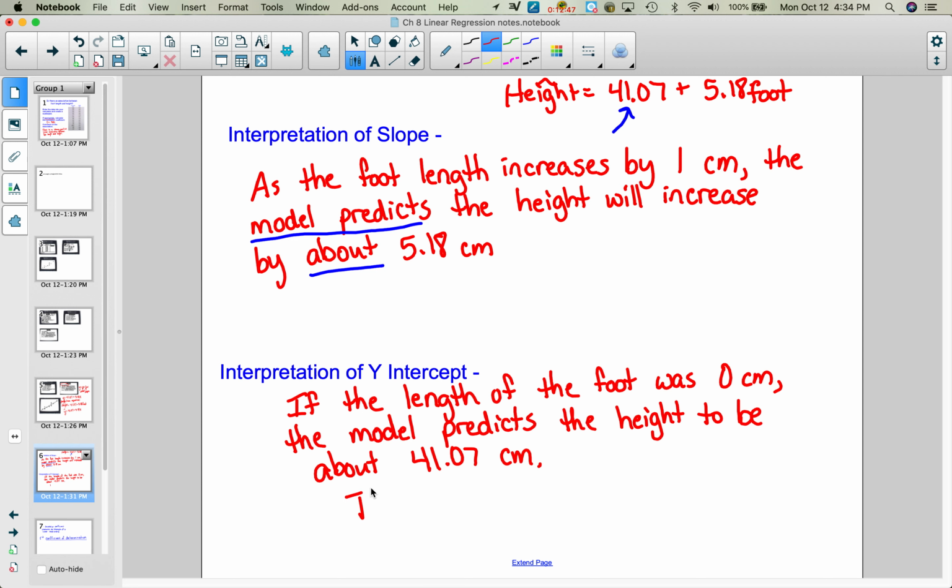And I'm going to say this makes no sense. You can't have a person with no foot length.